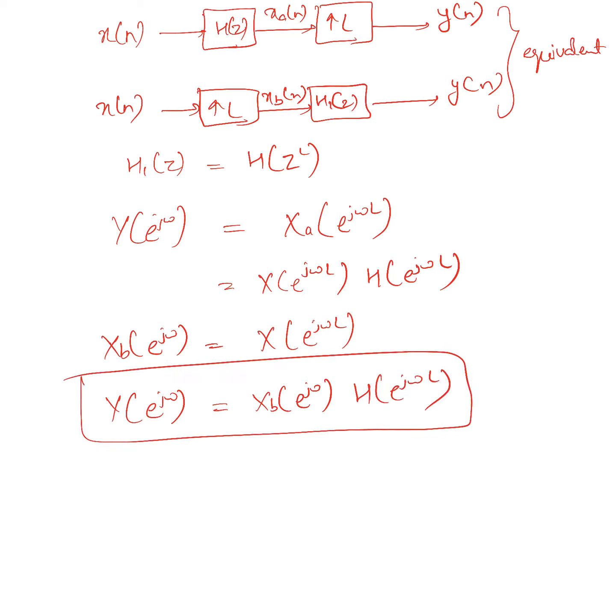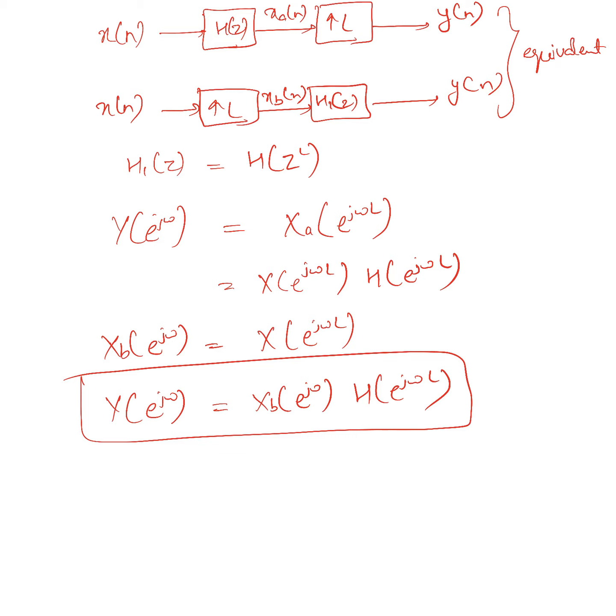And this is what changes here. So starting from the first block diagram, whenever I interchange the position of the filter and the upsampler, the frequency response in the overall block diagram would change by this h of z to the power L.